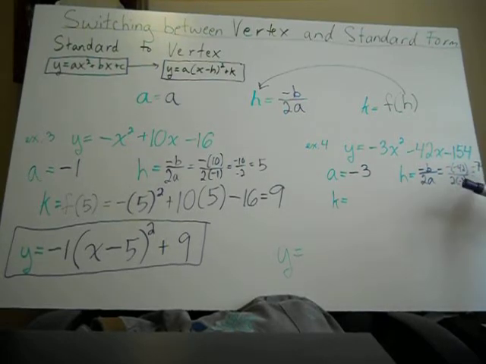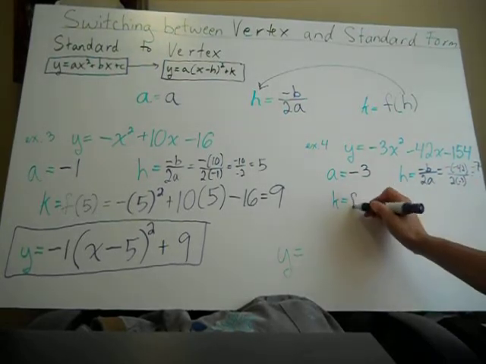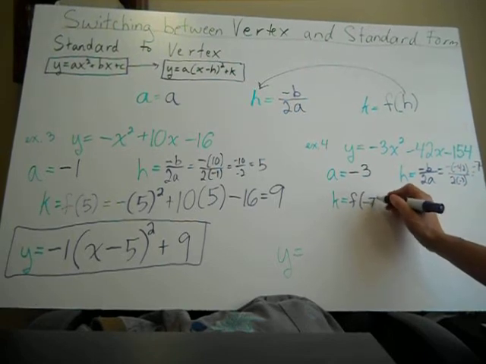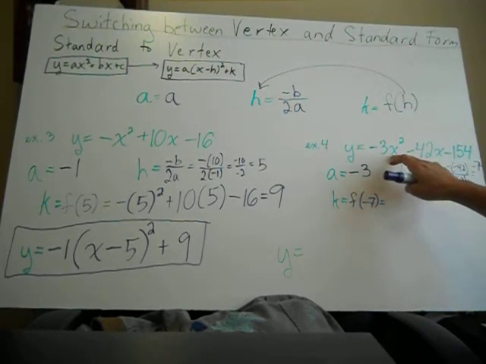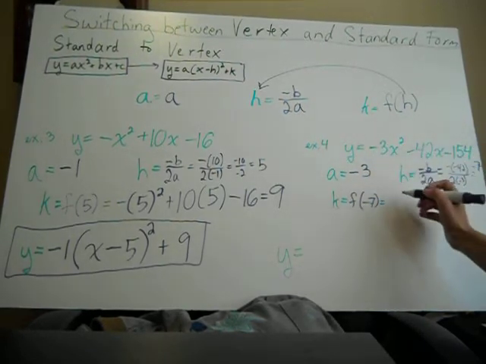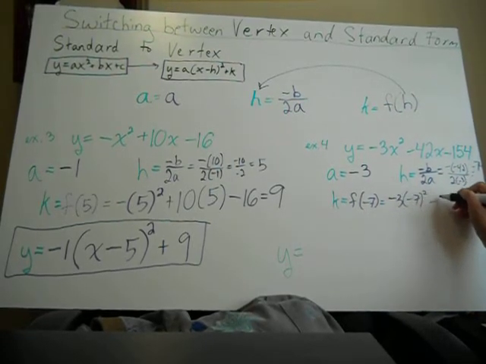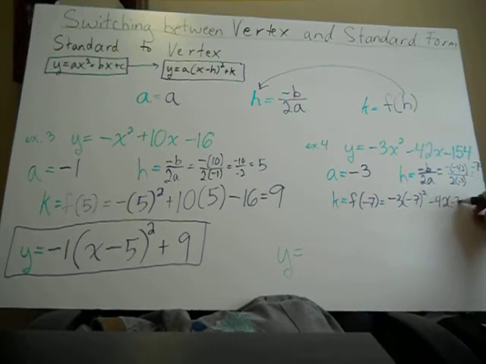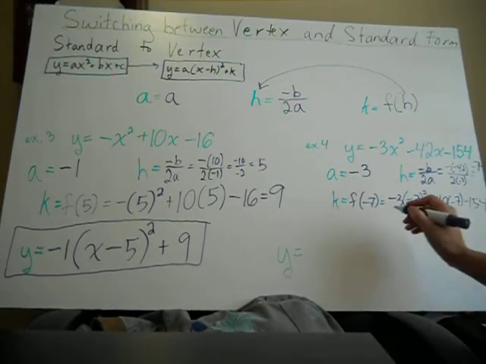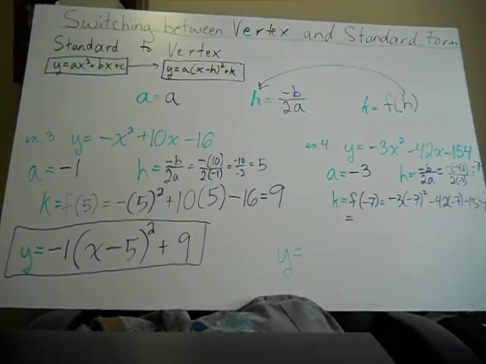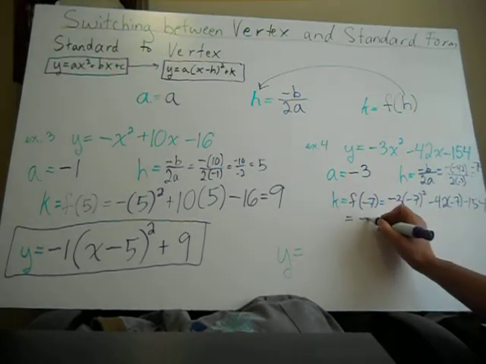Alright, now that I have h as -7, to find out what k is, I have to substitute that value of -7 into the original function. So that's -3 times -7 squared minus 42 times -7 minus 154. And that gives us a k value of also -7.